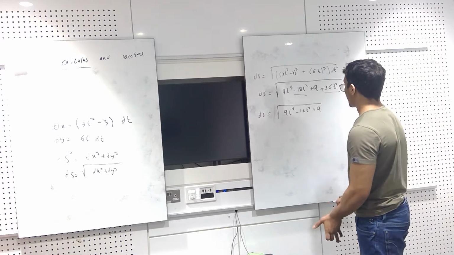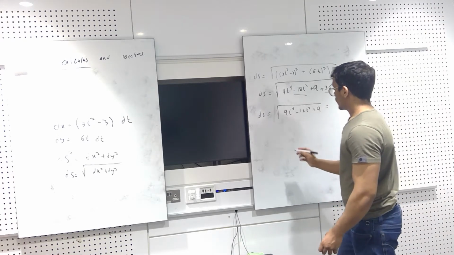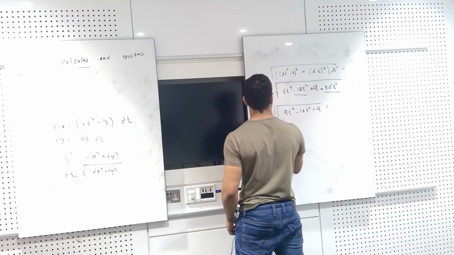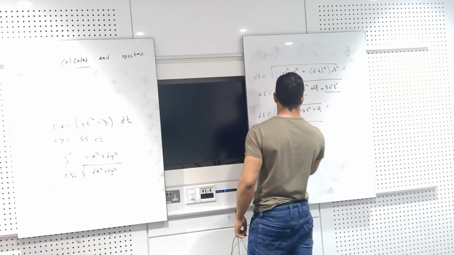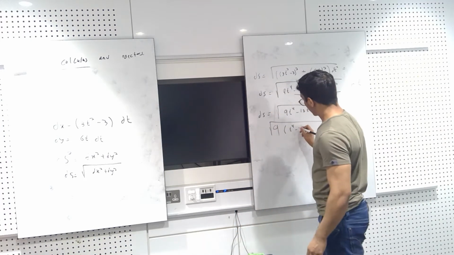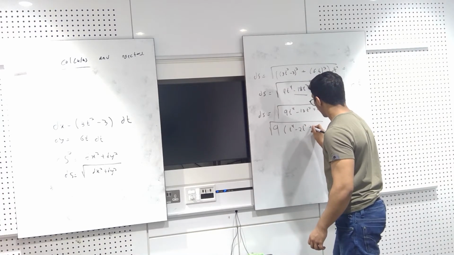And from this we can actually take 9 as a common factor. That's why I was thinking about it, to take it from the beginning as a common factor. But to say it, maybe it was some confusion. So t to the fourth minus t squared plus 1.